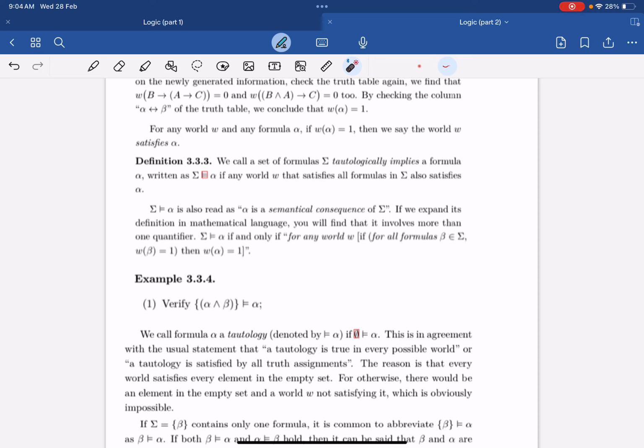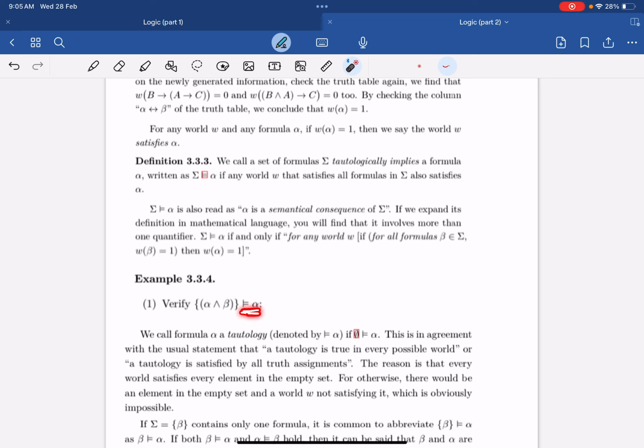So we take an example where your set of formulas has only one formula, which is alpha and beta. So what does this say? You have a world that satisfies it, so W(alpha and beta) equals 1.